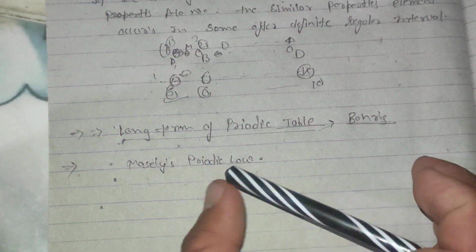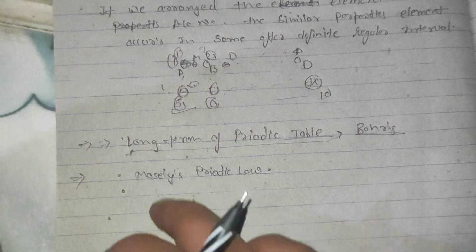In Bohr's periodic table, there are some vertical lines.